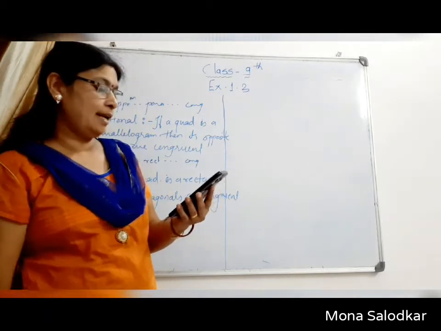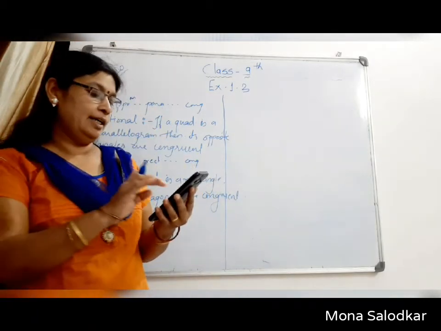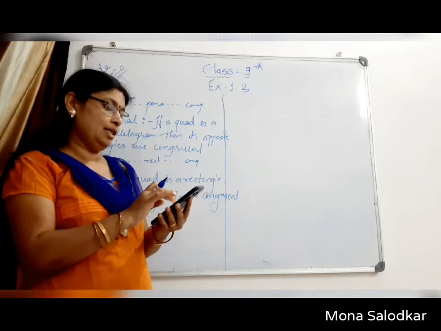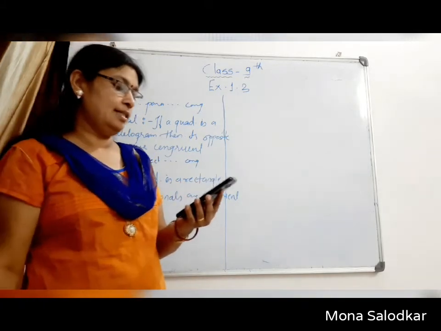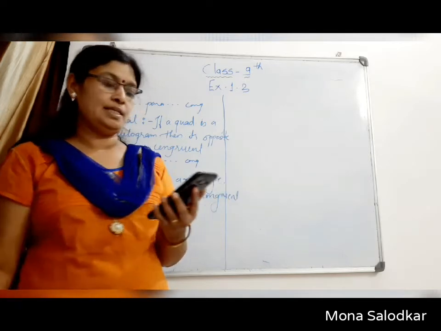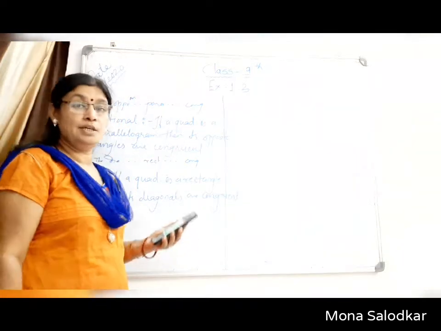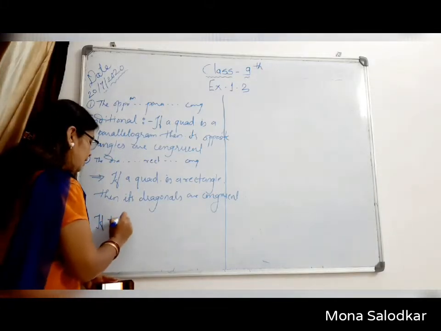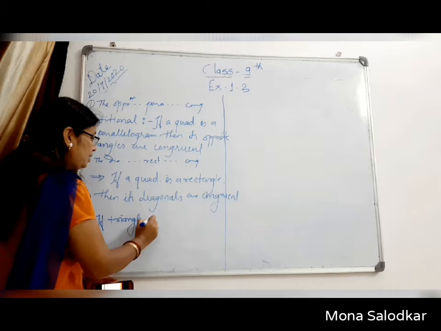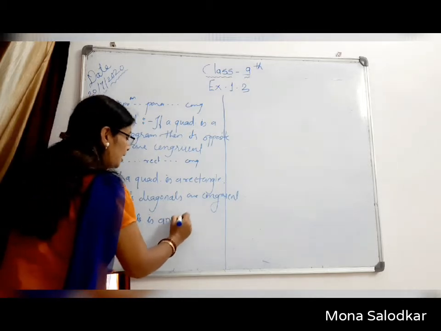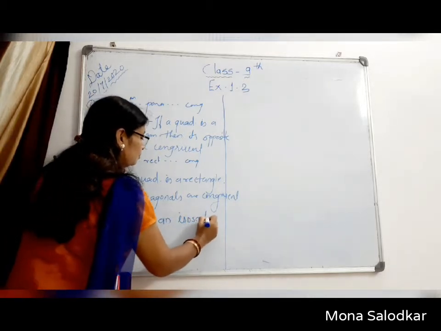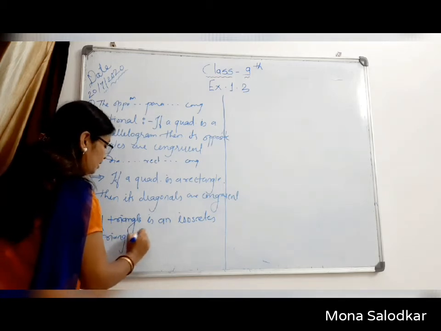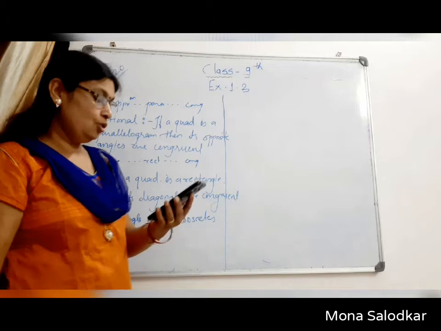In an isosceles triangle, the segment joining the vertex and the midpoint of the base is perpendicular to the base. Here also what you have here? Triangle is given. Therefore you have to write down if triangle is an isosceles triangle, then what you have to show that?